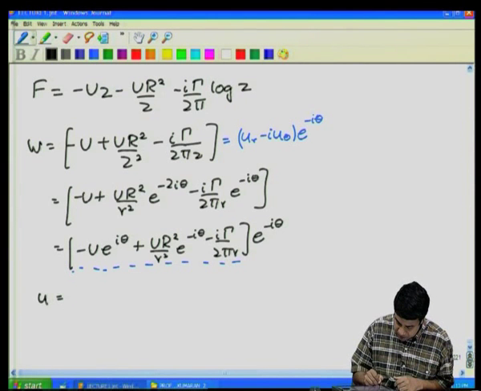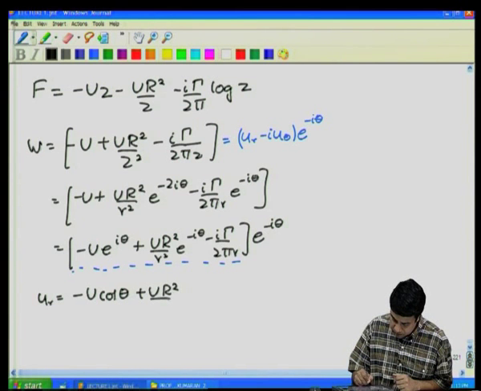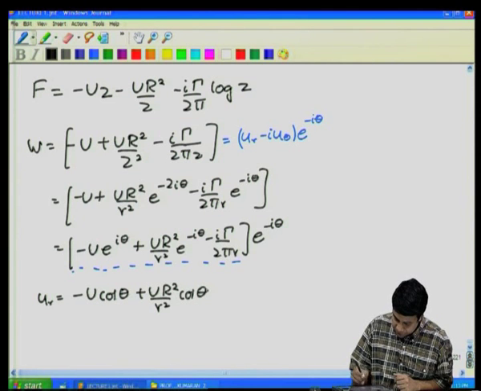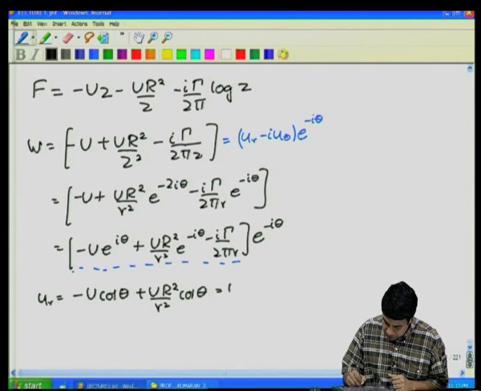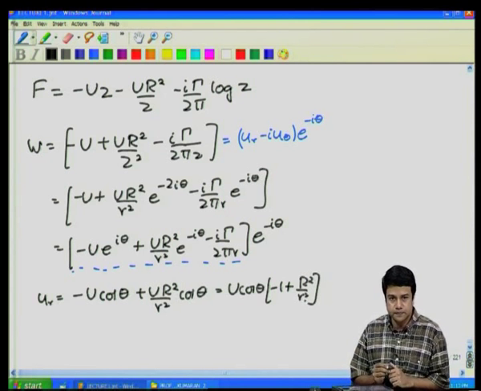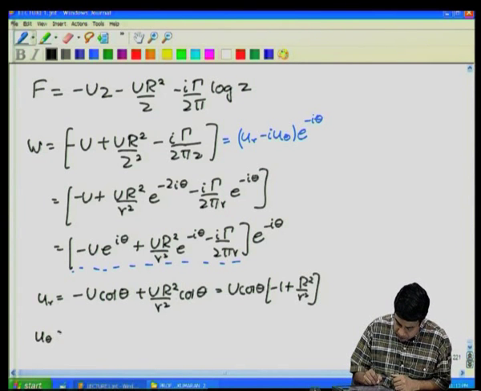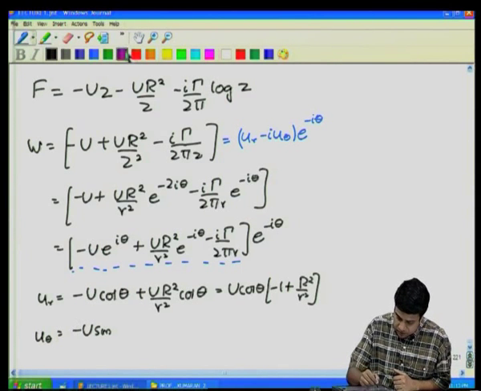So this implies that u_r is equal to minus U cos theta plus U R squared by r squared cos theta. So this is just equal to U cos theta into minus 1 plus R squared by r squared. And u_theta will be equal to minus U plus U sin theta.